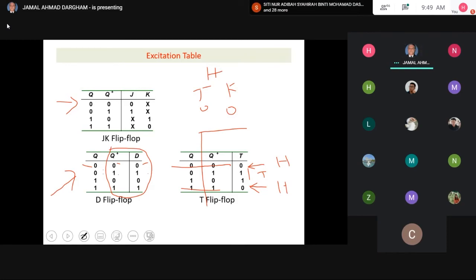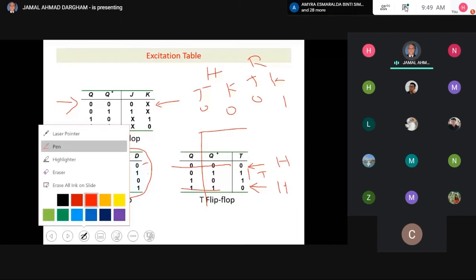Reset. Reset means what? J 0 K 1, and that's why you can see K change, so it becomes don't care, and J both is 0. That's why you get this. So this is the excitation table, which is very important for you to remember.